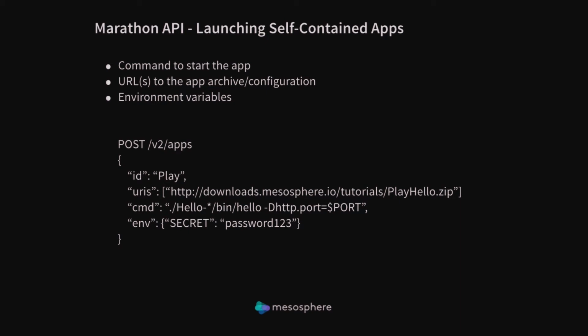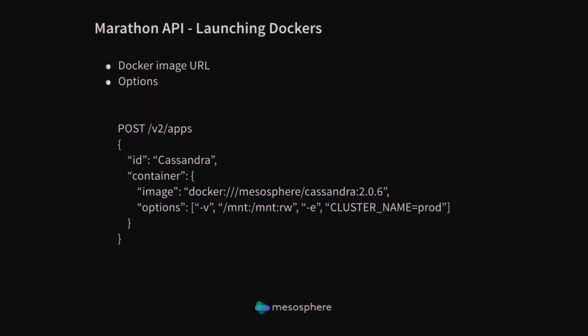But the other option is you can also launch Dockers with Marathon. Docker is, as you might know, a very popular tool for packaging an application and its dependencies into a container image. So you basically have everything in one file again. To run Docker, we only need 2 things basically.